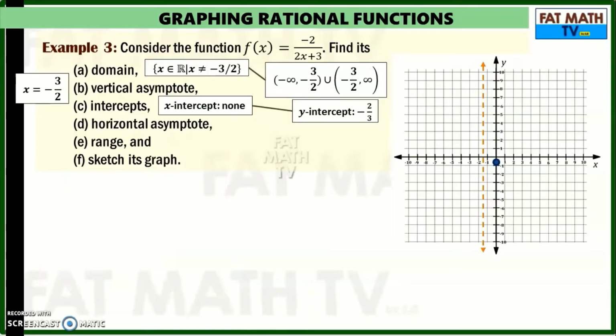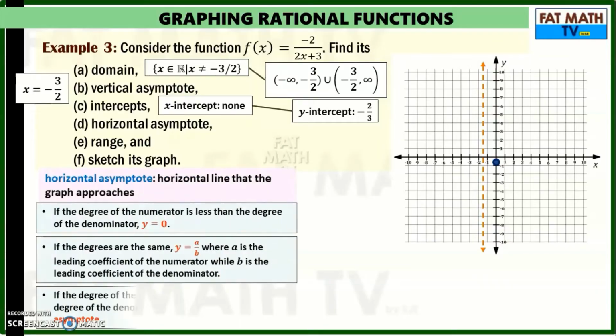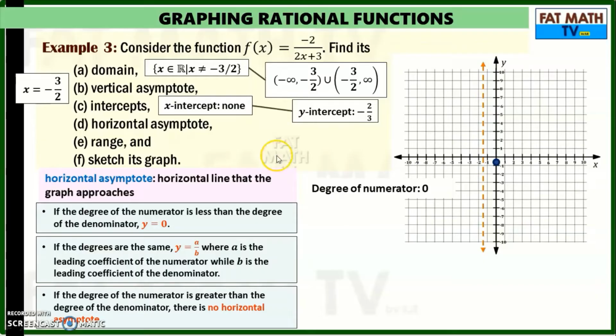Okay. For the horizontal asymptote, you have to look at the degree. So what's the degree of the numerator? Here, 0. There's no x, meaning to say the degree is 0. Highest exponent of x in the numerator, 0. There's no x there. And then for the denominator, highest exponent of x is 1. So the degree of the denominator is 1.